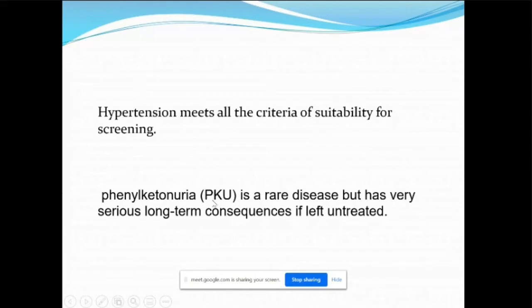For this disease, screening is easy to apply to all newborn babies, and if treatment is given early, which is only dietary restriction of phenylalanine, it can prevent the consequences of this disease, even though it is a rare disease.